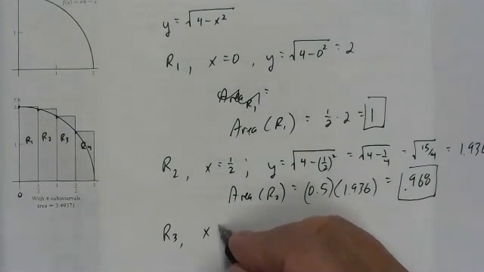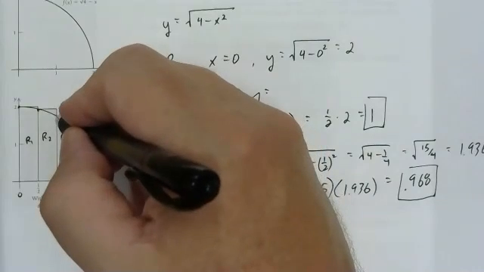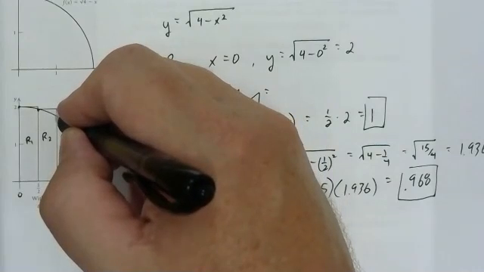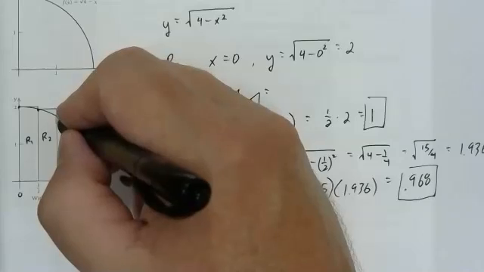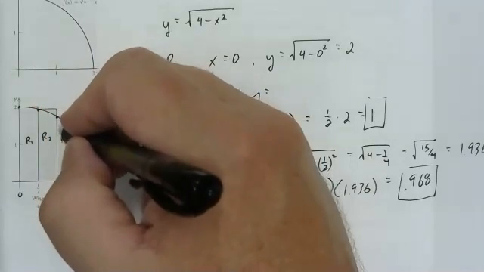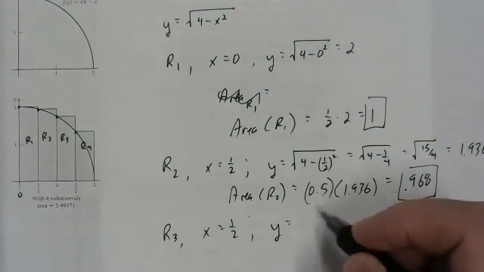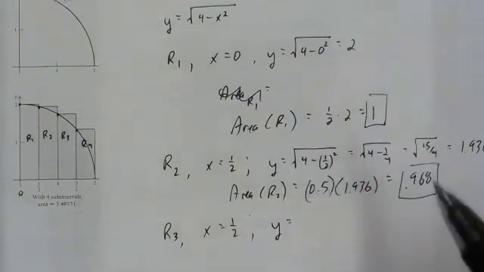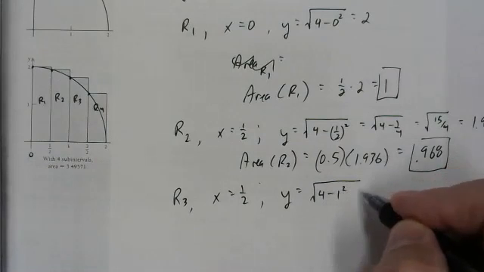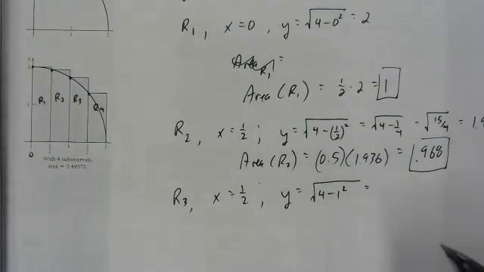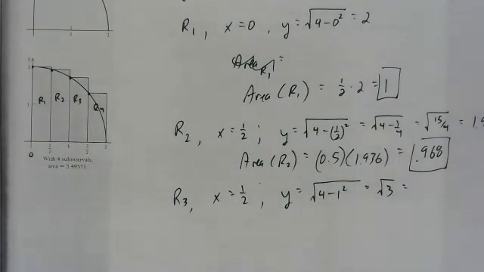Once again, same routine. I know the width of rectangle 3 is 1/2. How do I find the height of this rectangle? Well, the height is this point right here. That's where x is 1, and I go to my function and plug in x equal 1. 4 minus 1 squared, 4 minus 1, square root of 3.